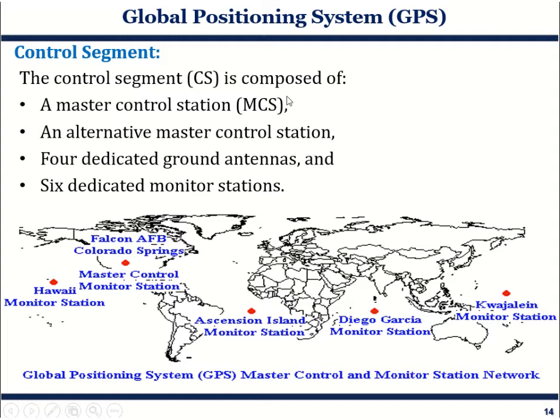The control segment is composed of a master control station (MCS), an alternative master control station, four dedicated ground antennas and six dedicated monitor stations. These will look at the movement of the satellites, monitor the data being sent and received, and monitor their location from time to time.